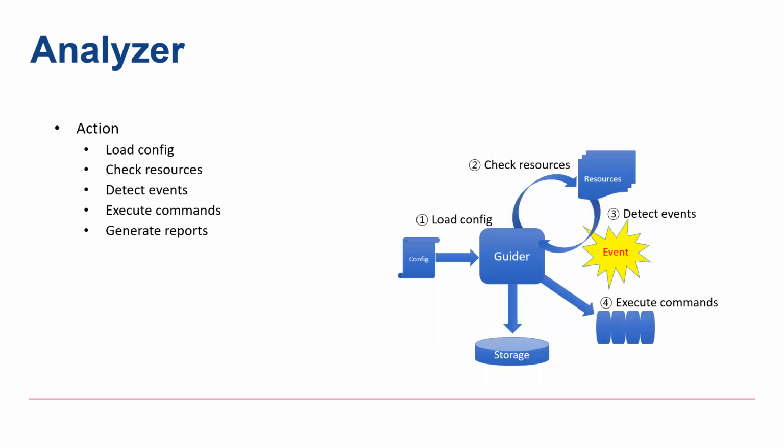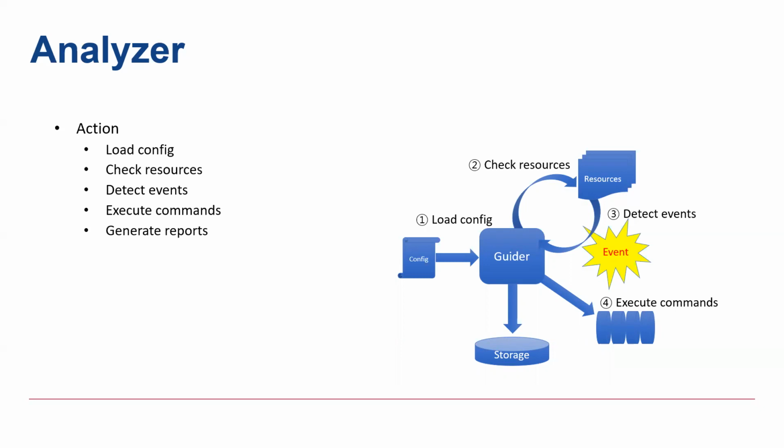As depicted in the accompanying figure, Guider's specific operation begins by loading the config file during initialization. It then registers resource thresholds for each defined event and the corresponding commands to manage them.